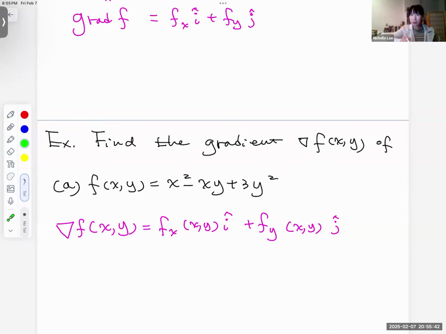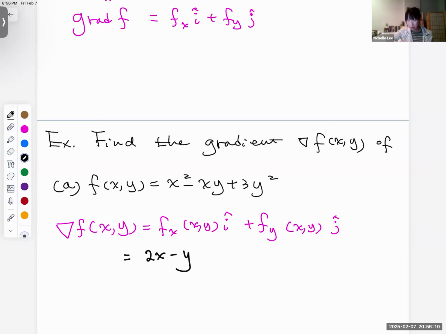Okay, so let's do this one. We make a partial derivative and the vector function, right? So equal to partial derivative with respect to x. So that will be 2x minus the second term, which is y, right?